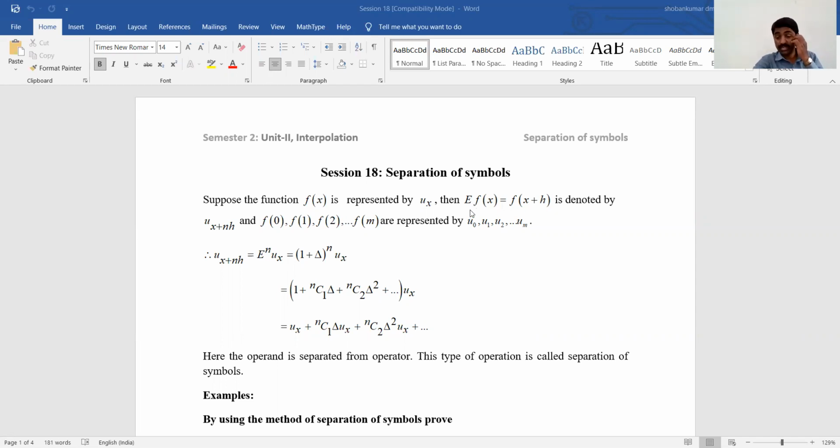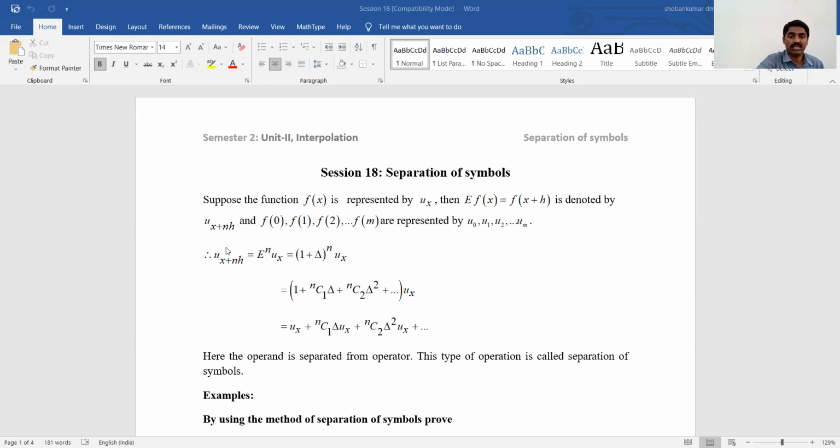Already we know the definition of the shift operator: E f of x equal to f of x plus h is denoted by u(x plus h), and f of 0, f of 1, f of 2, and so on, f of m are represented by u0, u1, u2, and so on, um. Therefore, u(x plus nh) is equal to E raised to n ux.